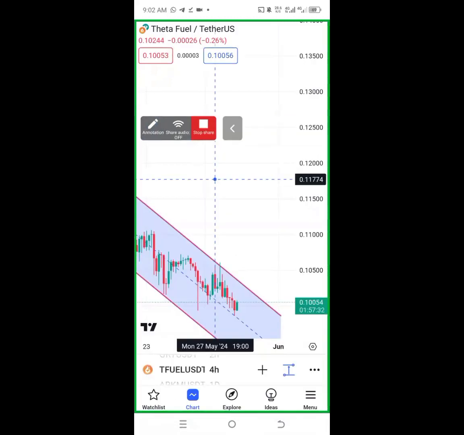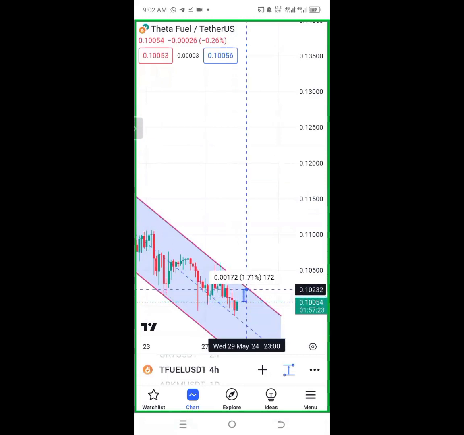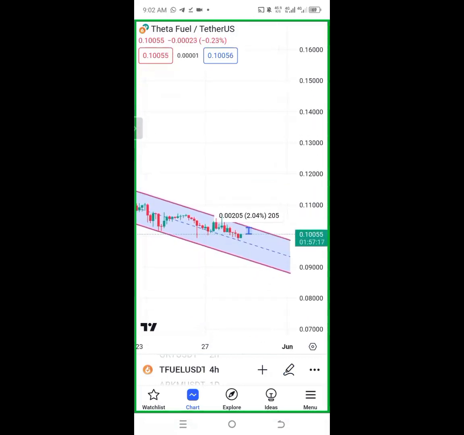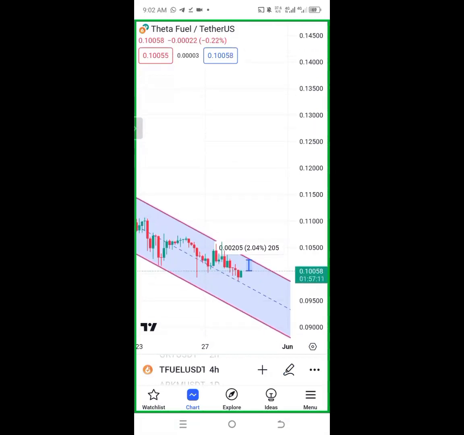If you love entering at current price, you enter from there and then take profit at the resistance line. You can decide to do that. You take profit at your resistance line. Okay? That is one thing you can do.